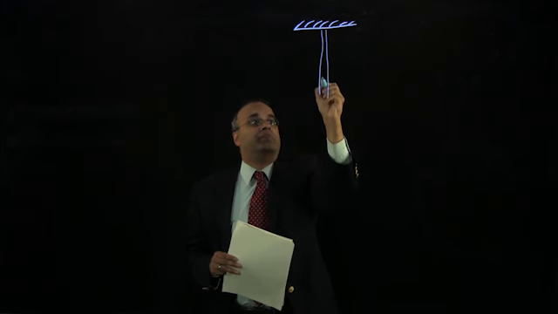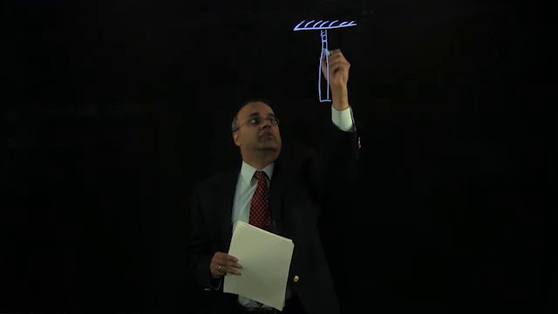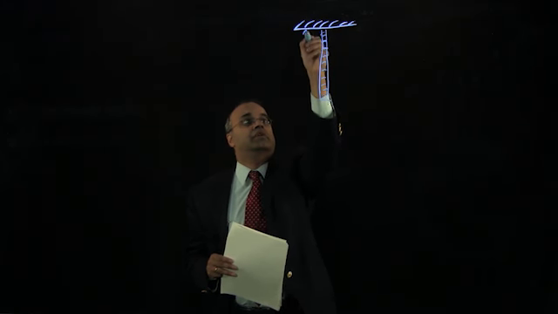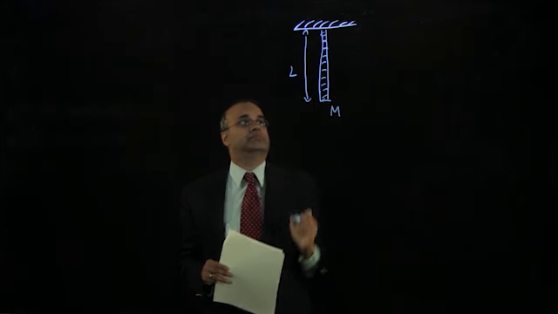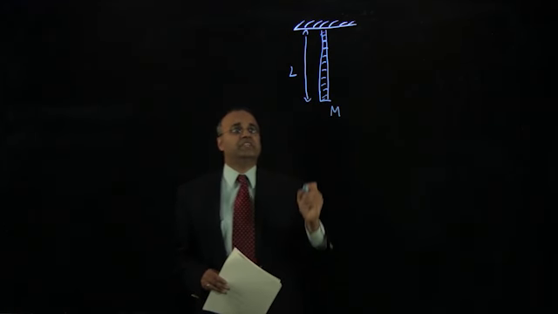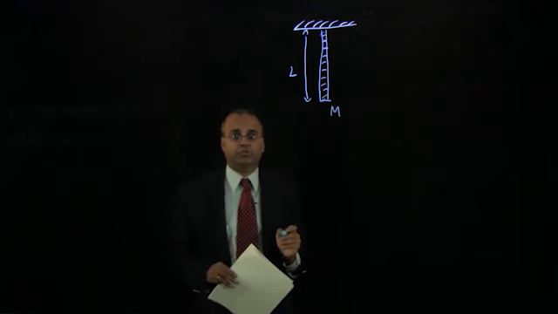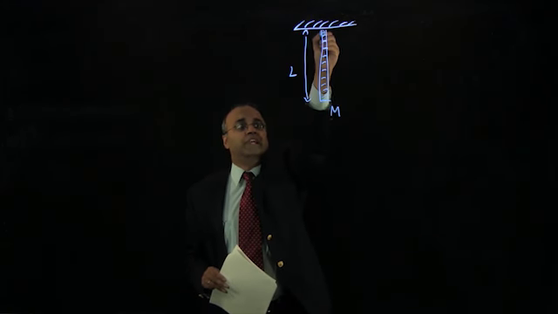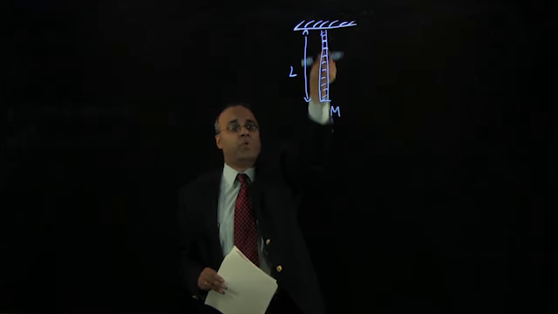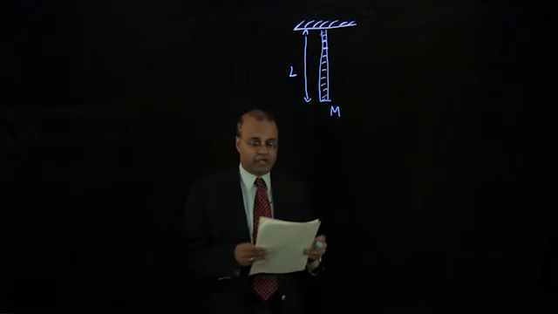of length L suspended from a ceiling. Now, it's easy to see that at the top of the rope, a little element of rope right at the top has to support the entire weight of the entire rope.